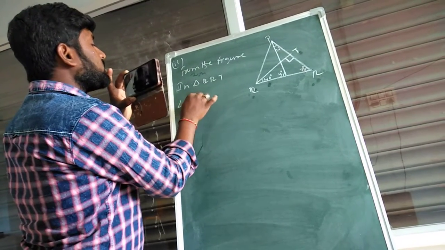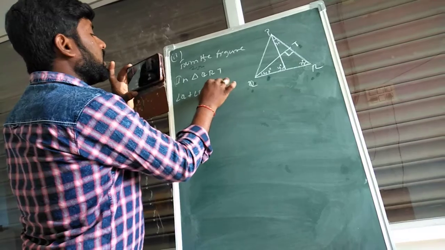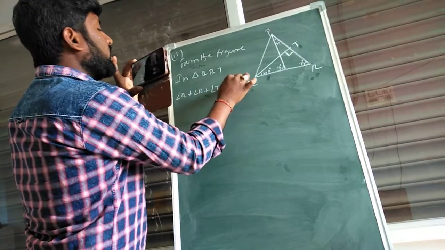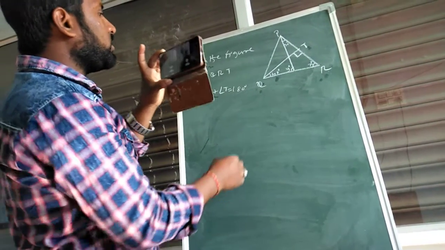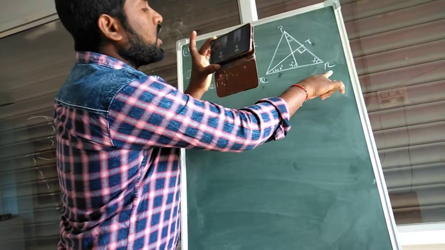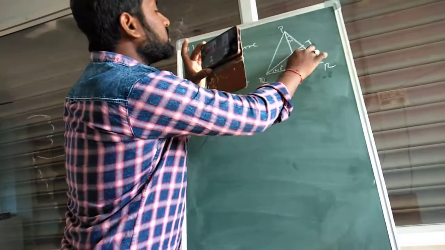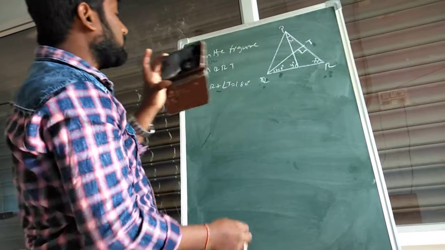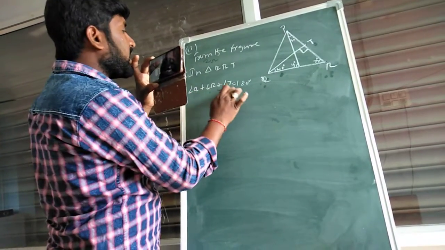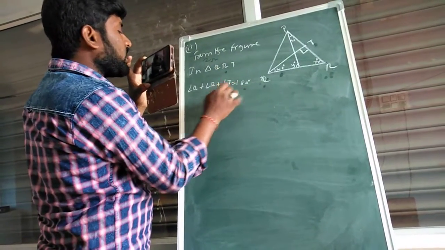angle Q plus angle R plus angle T is equal to 180 degrees. Observe, in QRT we must consider only three angles. So the sum of these three angles in triangle QRT is equal to 180 degrees.